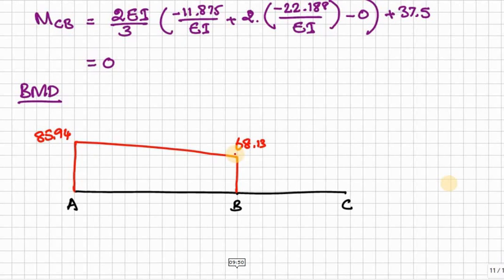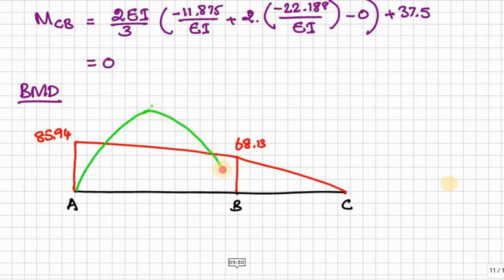Similarly, we carry out the same procedure over the BC span. At C we have 0 moment, therefore we can join by a straight line. Then over this support moment we have to draw or overlap the simple support moment.